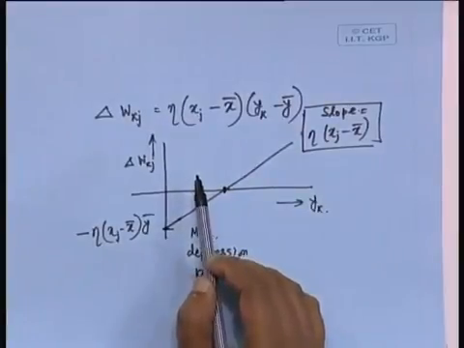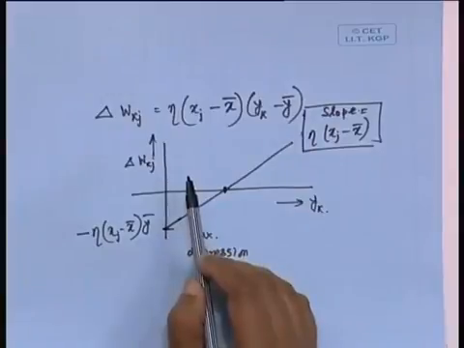So, during the time in which you are updating this Wkj, you are assuming that the signal strength is not changing. In fact, this is true for a stationary environment.